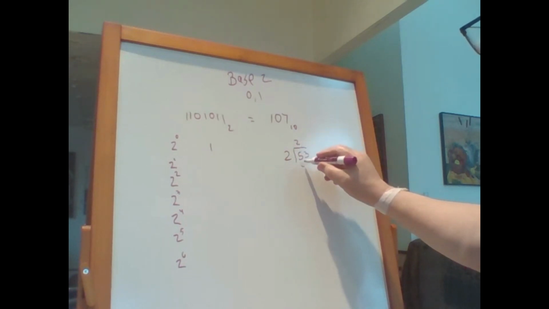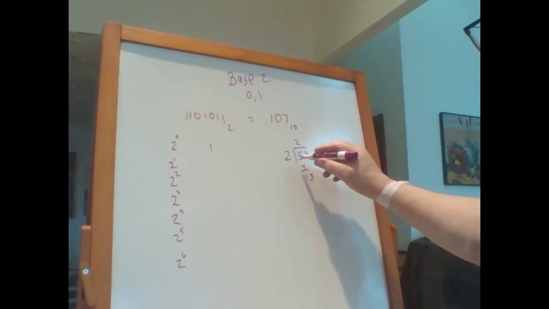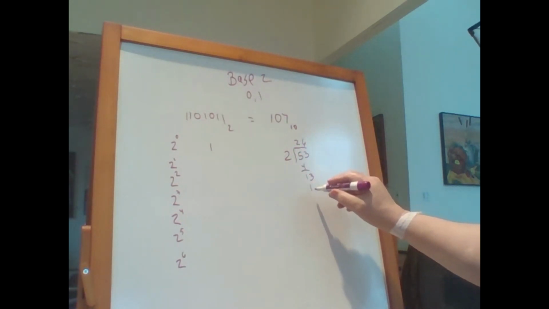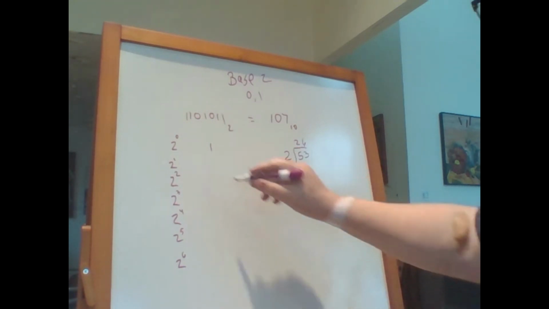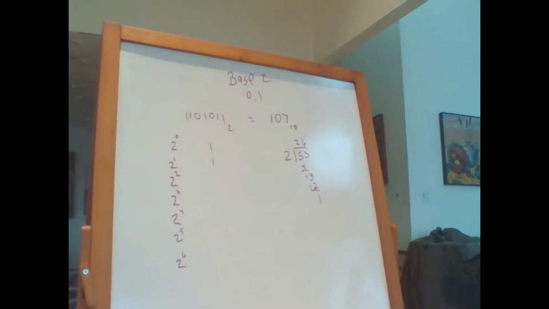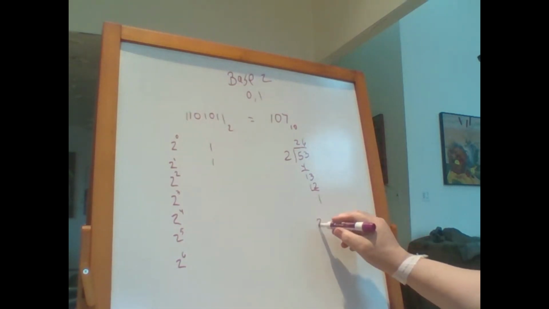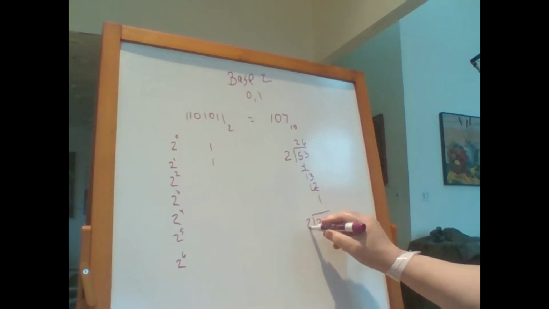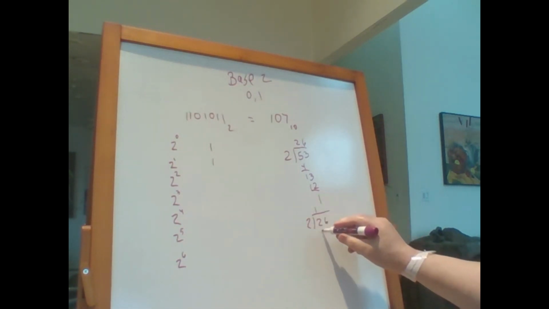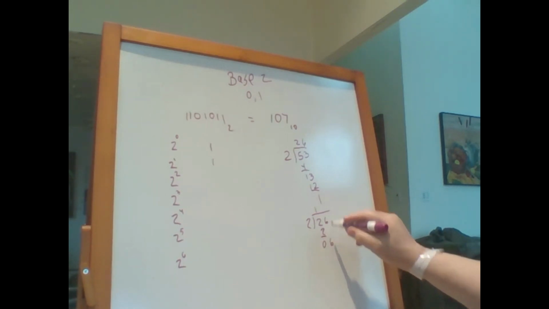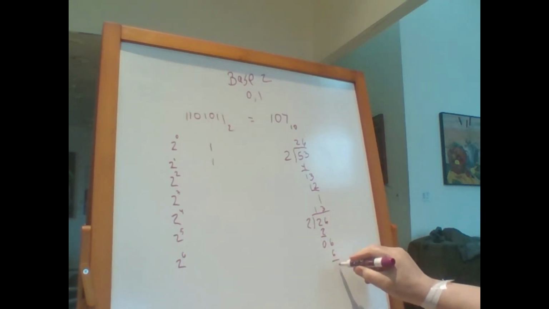53, that's 2, 4, 1, 13, 6, 12, 1. So that goes 1. 26 divided by 2 is 13, 6, 0.